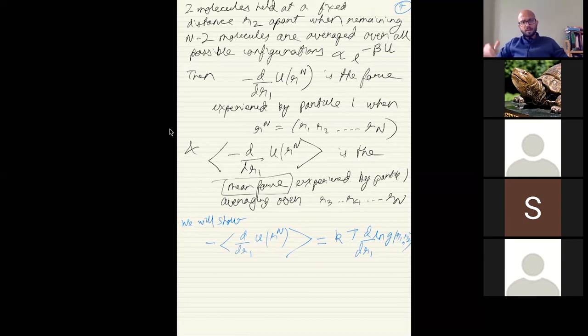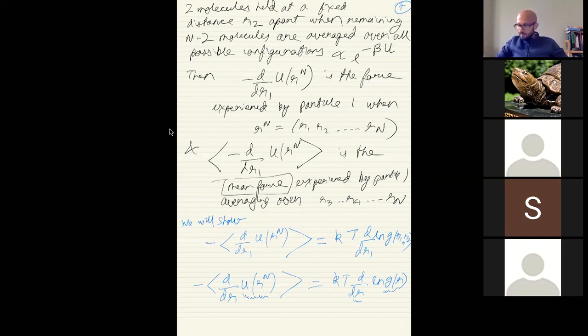In other words, if you're thinking about a spherically symmetric system where there is no point in talking about R1 and R2 separately, and you're just talking about d by dr of u(Rn), then this thing is given by kT d by dr of ln g(r). So you could have obtained the force by differentiating the full n-particle potential energy, which is not known, or you could have obtained the force by differentiating this distribution function, the radial distribution function, g(r).